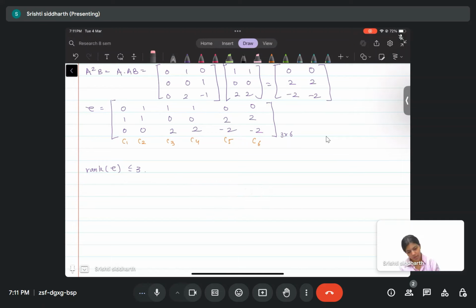Okay, so we have 3 rows instead of the 6 columns. We have row 1, row 2, row 3. So we have alpha 1 row 1 plus alpha 2 row 2 plus alpha 3 row 3 equals 0. Okay, so let's see. The first equation is going to give us alpha 2 equals 0.